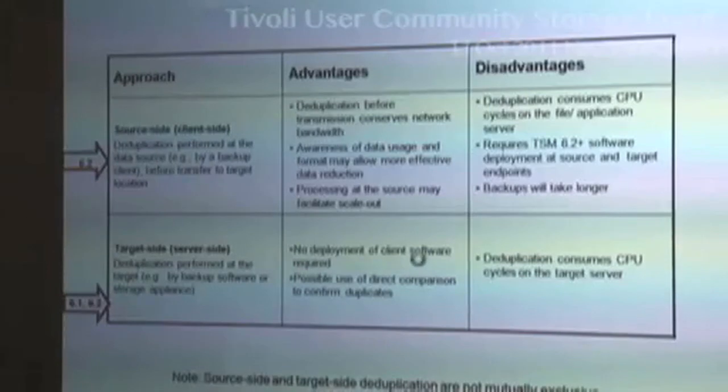And there's still a computational tax on the TSM server. That does not mean you're not going to be able to get away with upgrading or putting more processors in your TSM server if you're using client-side dedupe. It's just you're going to have less CPU consumption than if you're having your clients do the dedupe versus the TSM server.